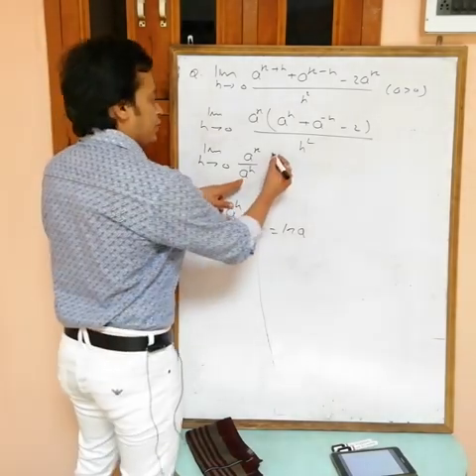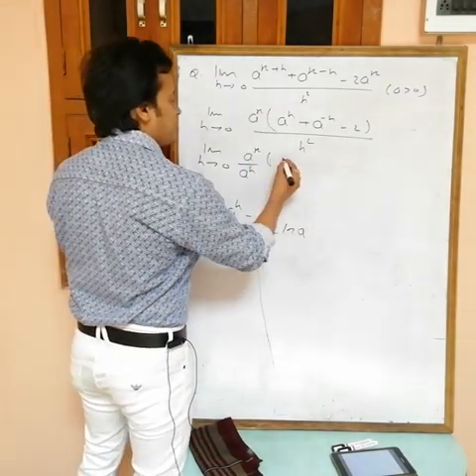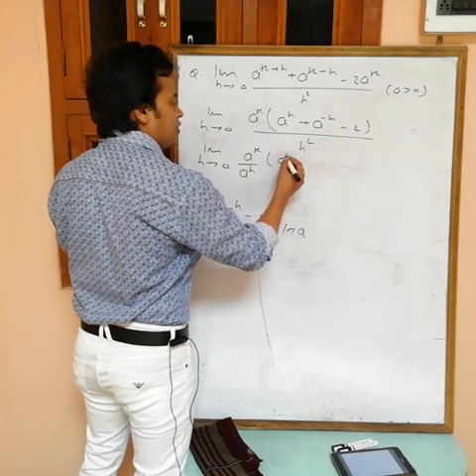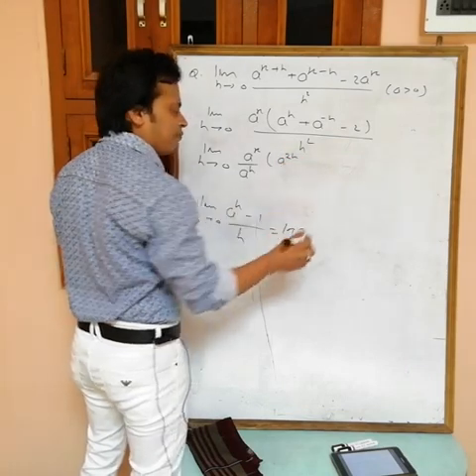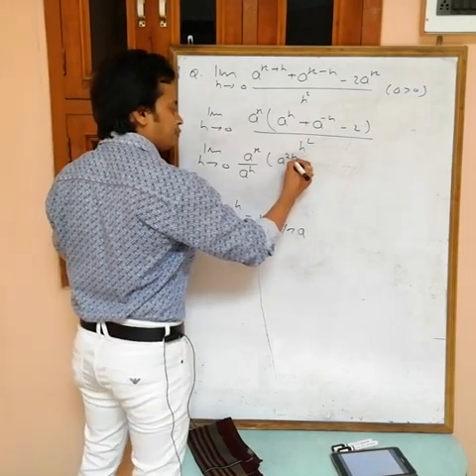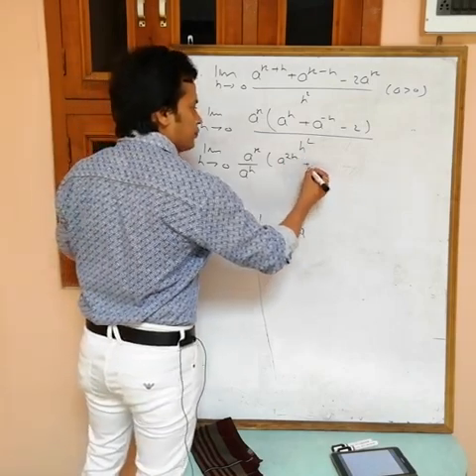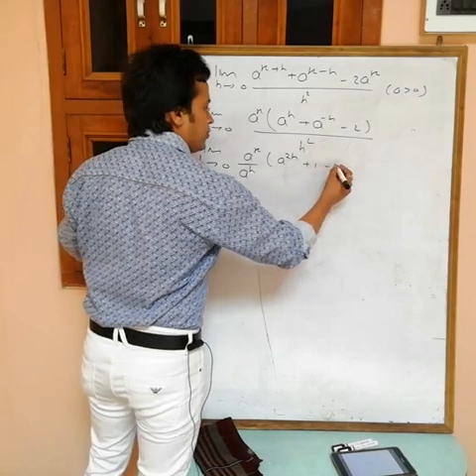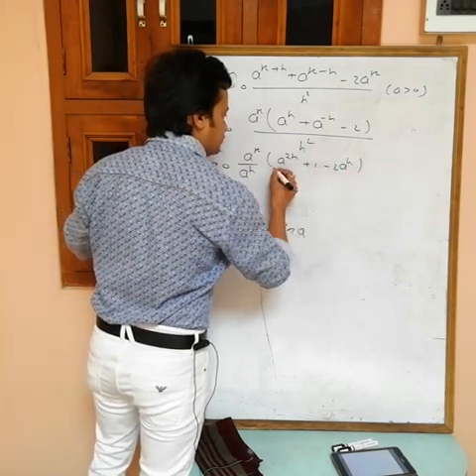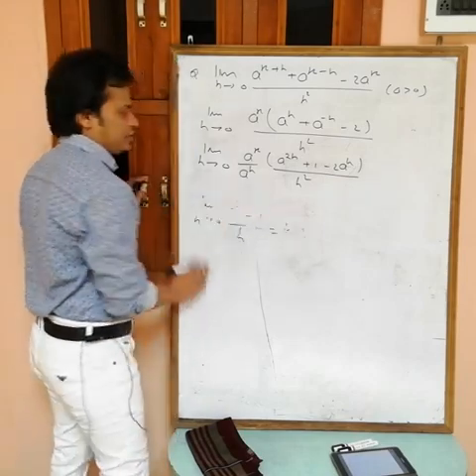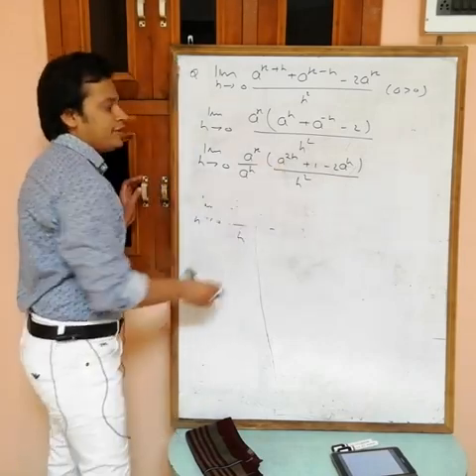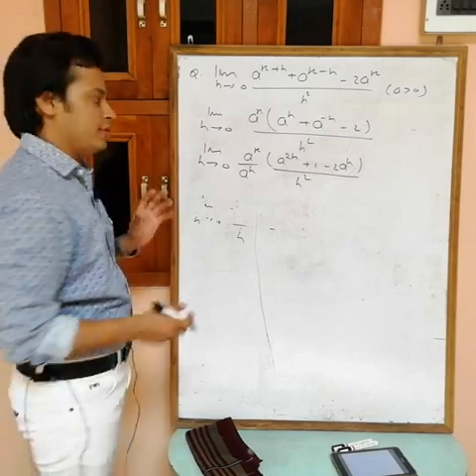Now in numerator, a power h into a power h is a power 2h, or a power h square, I am writing 2h, both are the same thing. This is plus 1 and minus 2 a power h by h square. Now see, this can be written as a power h minus 1 whole square.